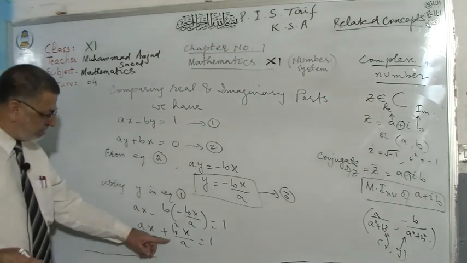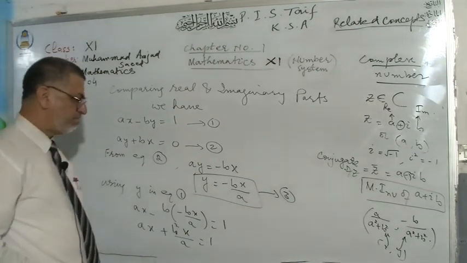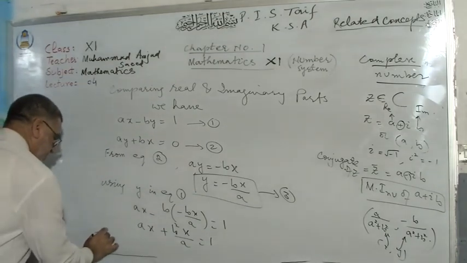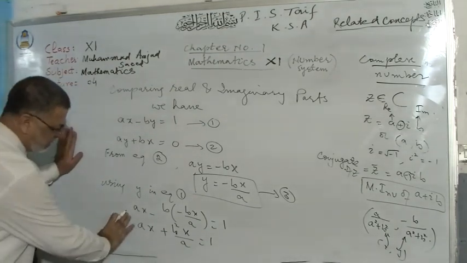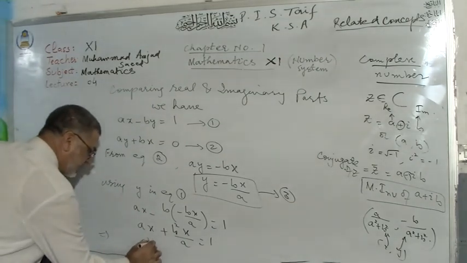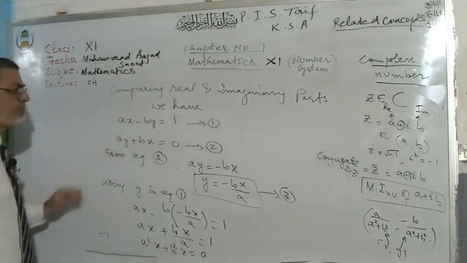Now this LCM is a, multiplying throughout by a. So here is a square x plus b square x is equal to a.